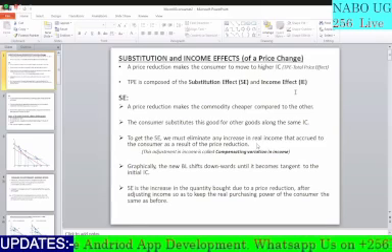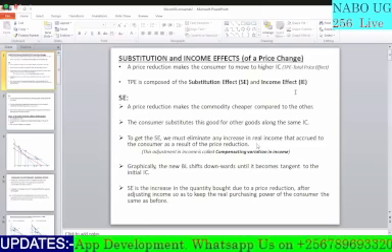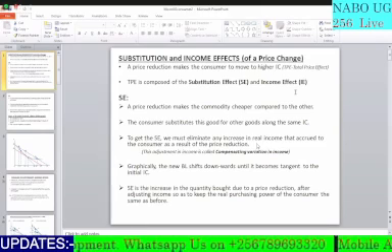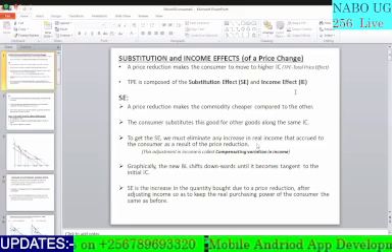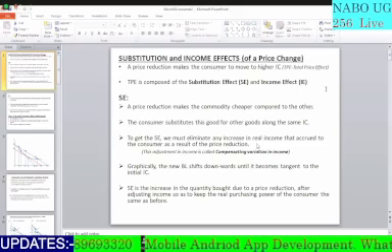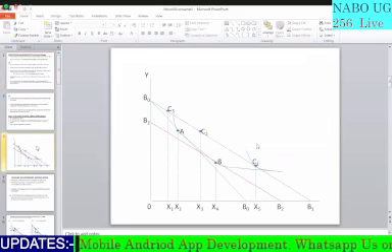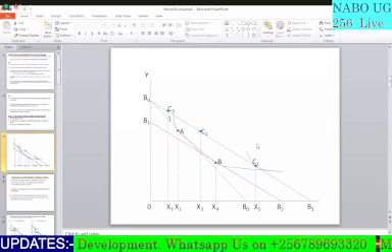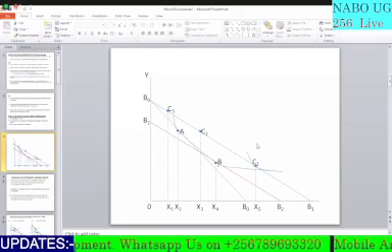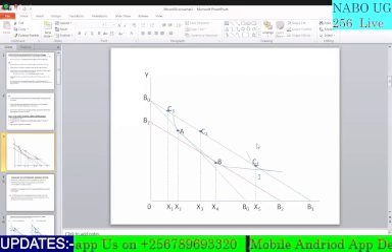So the individual would substitute the expensive commodity for the cheaper commodity, and that occurs along the same indifference curve. Like in this diagram, along the indifference curve, the individual is substituting X for Y.